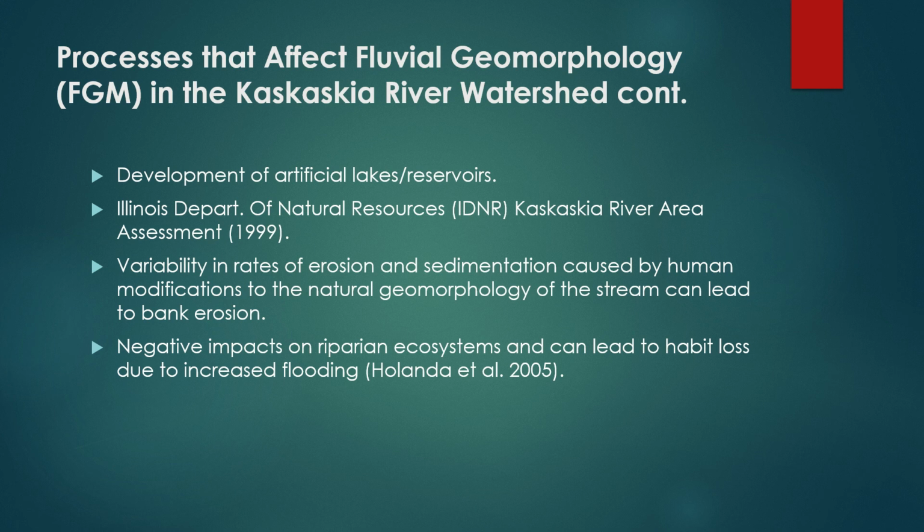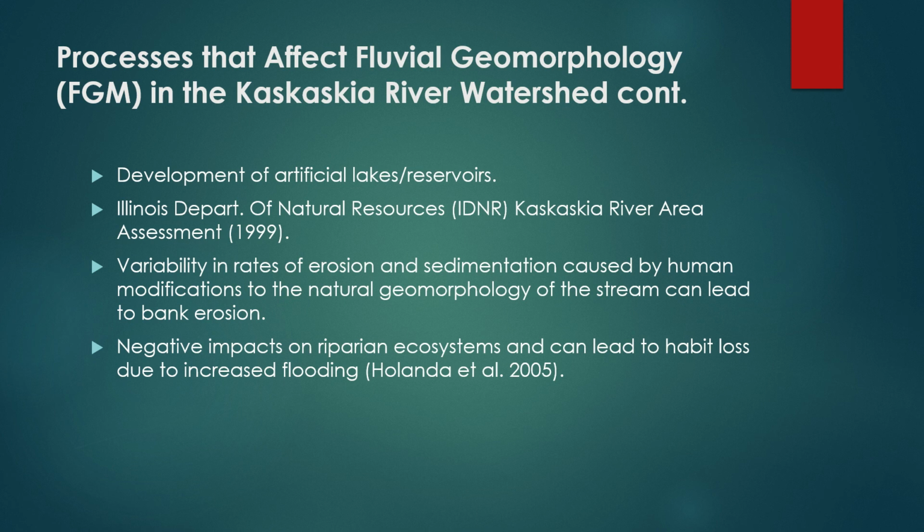And in this Illinois Department of Natural Resources assessment, what they ultimately come to the conclusion of is that this kind of artificial lake development, reservoir development, increases the variability in the rates of erosion and sedimentation, and can ultimately lead to bank erosion.